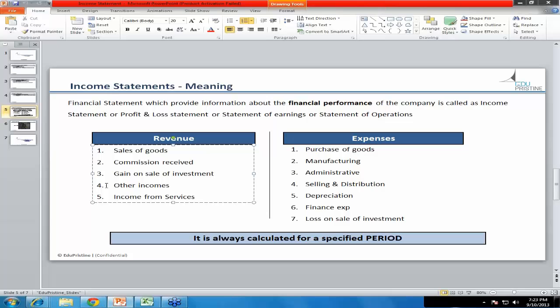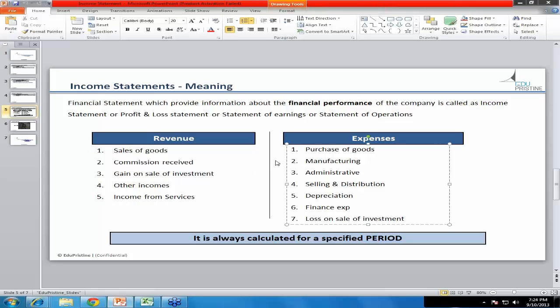Other incomes, which we discussed as having a side business within the pizza shop, which was in this case a chocolate stand, and income from services. A lot of software companies typically fall in this bracket because they don't provide you a direct physical product. Their product is actually a service, whether it is Adobe or Microsoft, who give you Microsoft Office. We're using Microsoft Office's product, PowerPoint, which is a service.